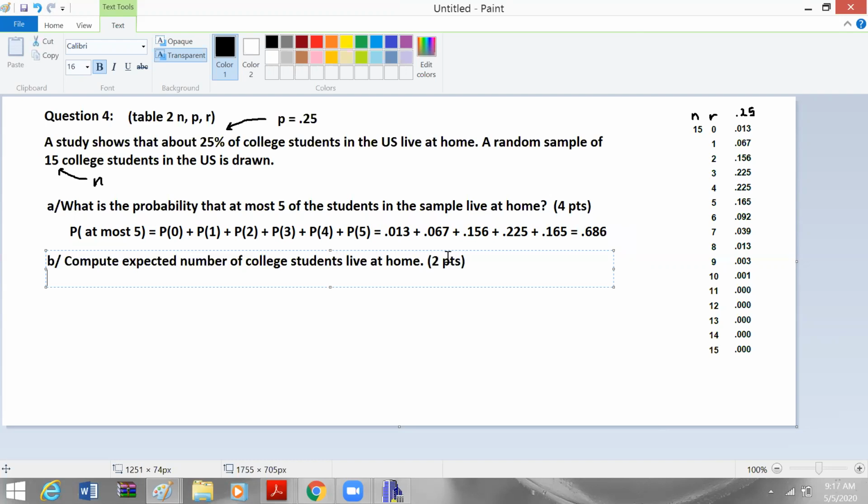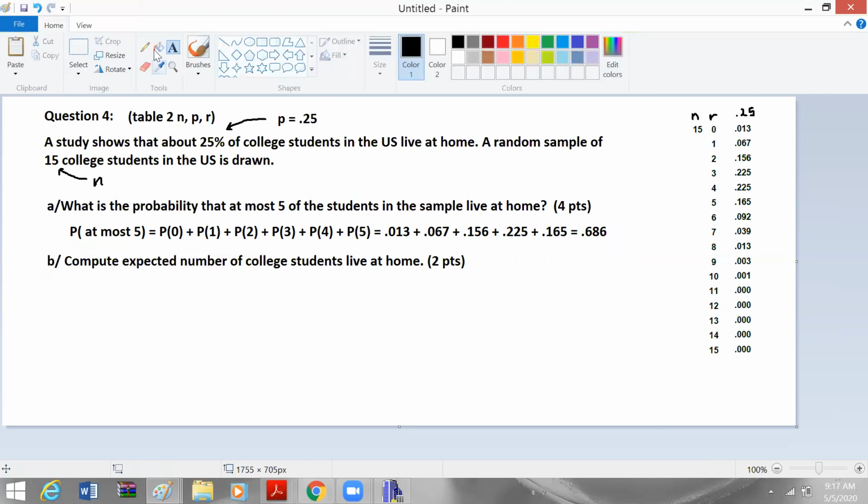And so the formula for that is the expected value, which means, right? That would be equal to n times p. So let me just put it for that part. You have to do this calculation. And then for part B, whenever you see 2 points for question number 4B, you're going to be asked to do the expected number.